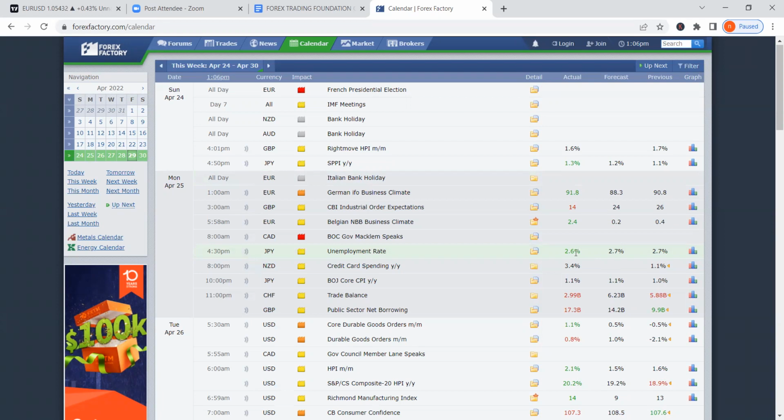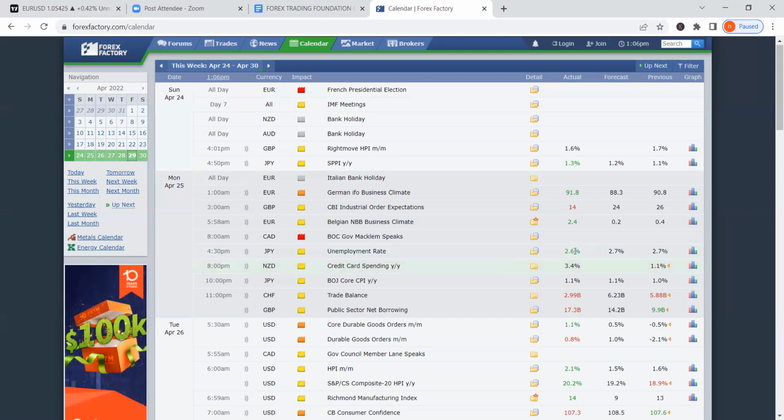But on getting here, instead of 3%, it is 2.8. Do you see that this 2.8, which is the actual unemployment rate, is greater than 2.7? It means that the unemployment rate is increasing, but it will be written in green.